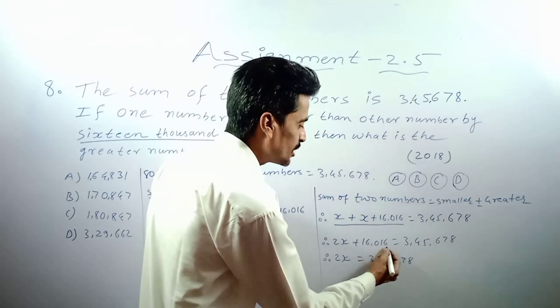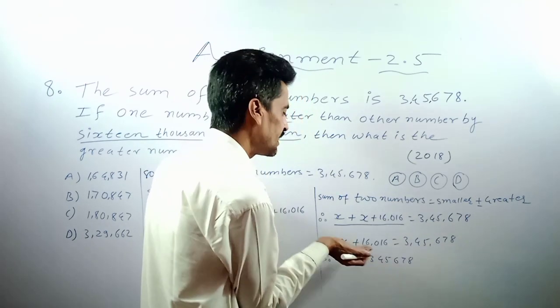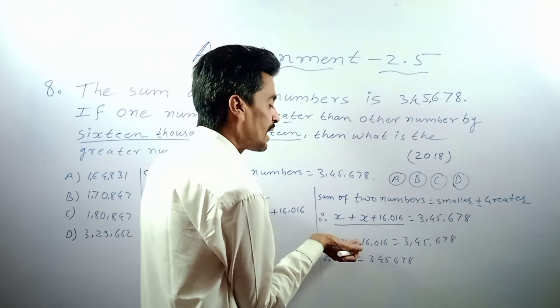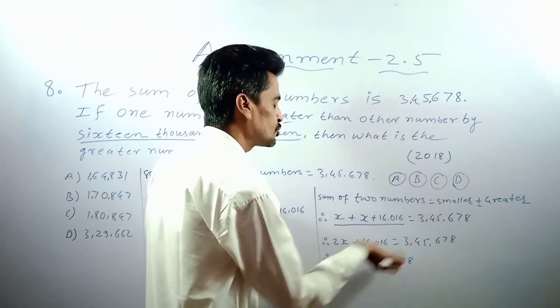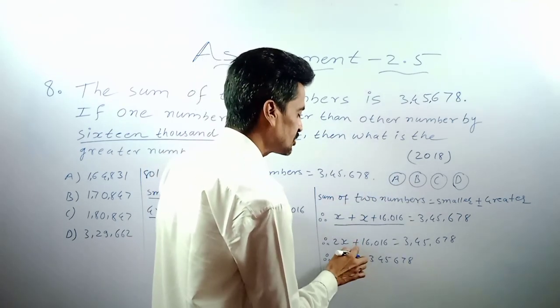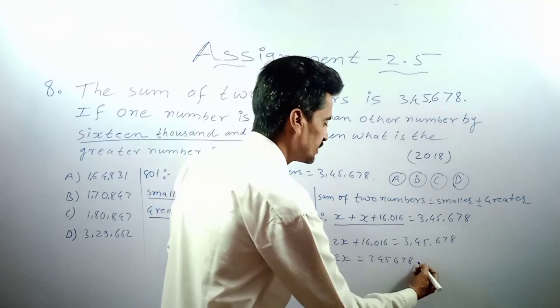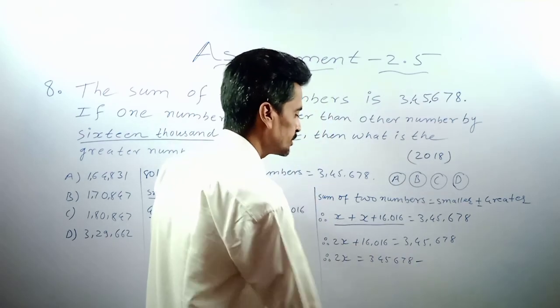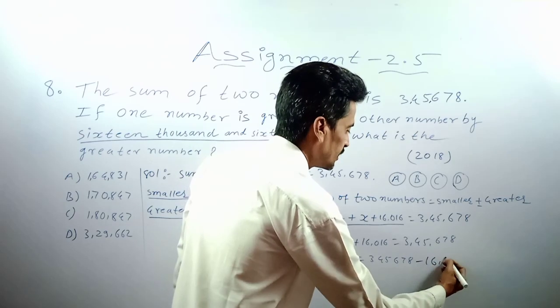A positive number changing the side: it was on the left hand side and goes to the right hand side. By changing the sign, the positive sign changes to negative 16,016.